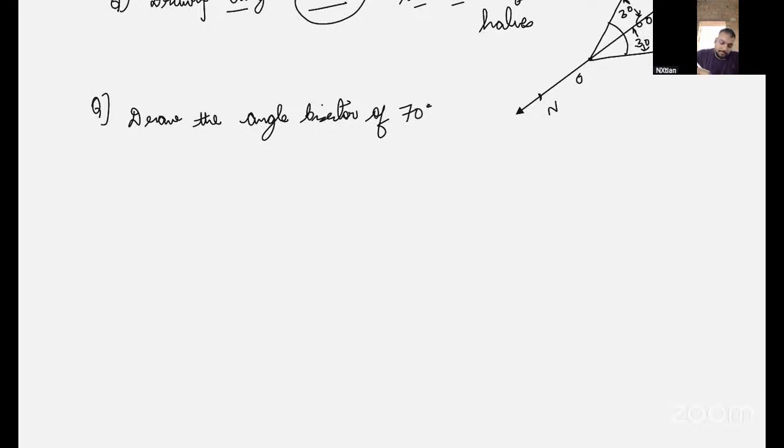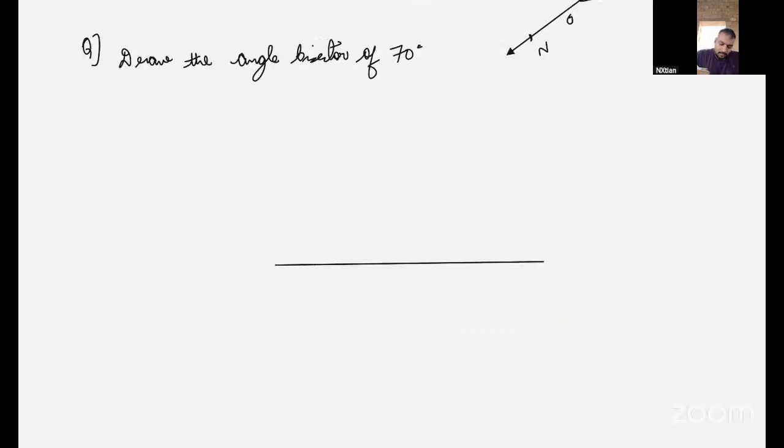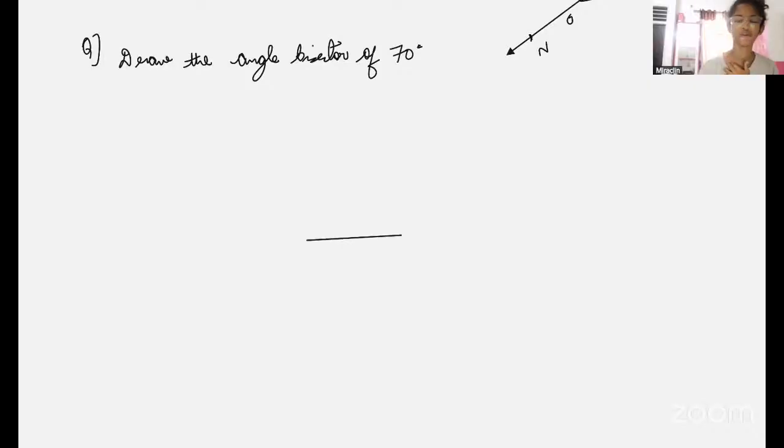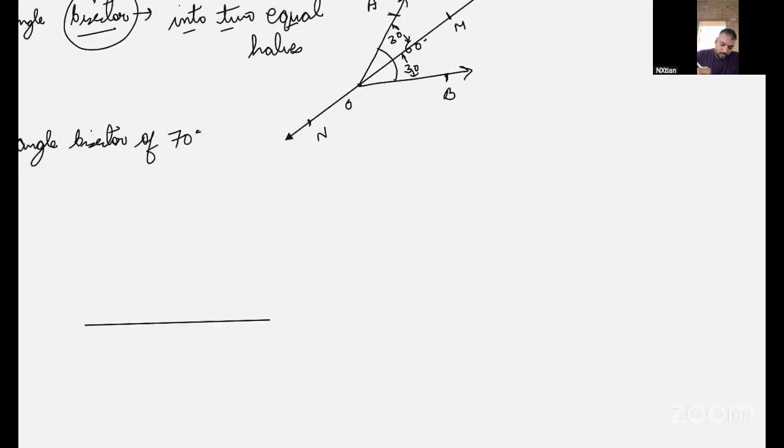So first make a line like this of any centimeter. Yeah, first with the rough. Sorry, thank you for reminding me. So first I will make a rough diagram. You know that 70 degrees is between 0 and 90, so it is an acute angle.